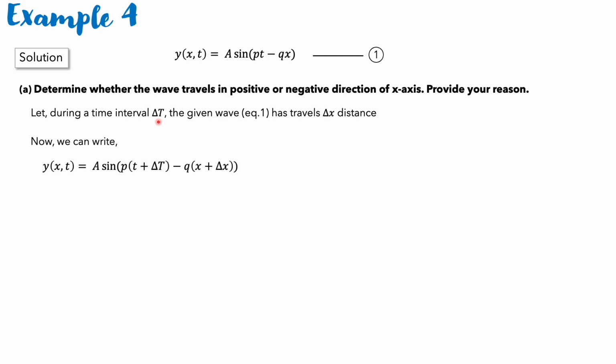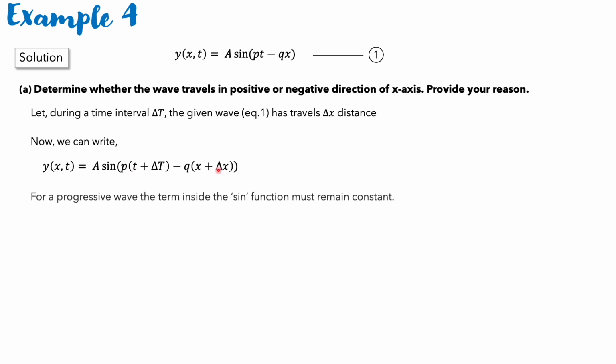Then we can write this equation like this: after that time interval delta t, the wave has moved to a new position, right? So the time has increased from t to t plus delta t, and the distance has changed from x to x plus delta x, because this time has been spent and the wave has traveled by this amount. Now for a progressive wave, the amplitude does not change, and also the terms inside the sine function do not change as the wave moves.